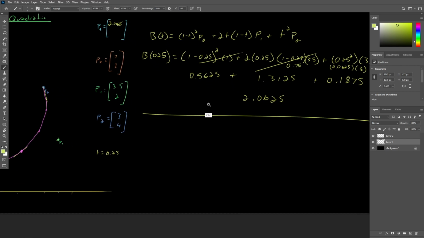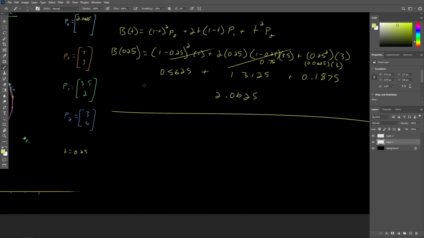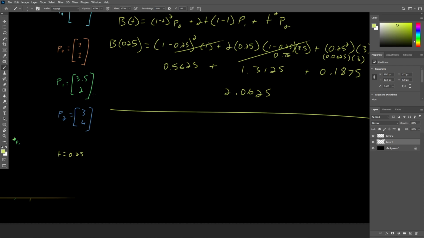Let's quickly solve again for the y components here. So we can use a different color here.